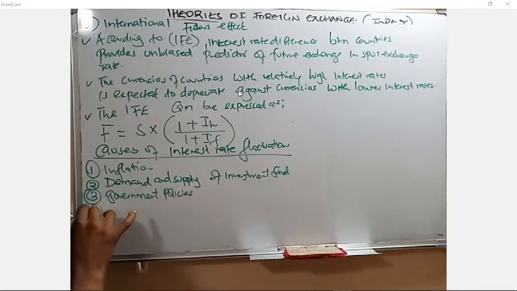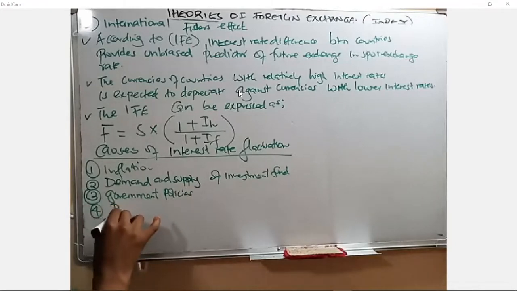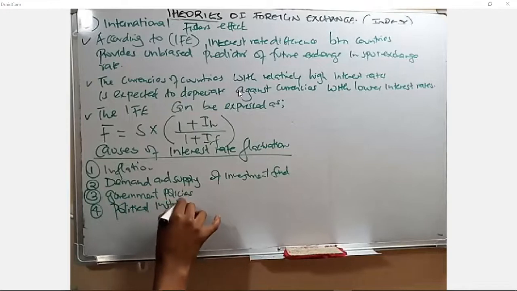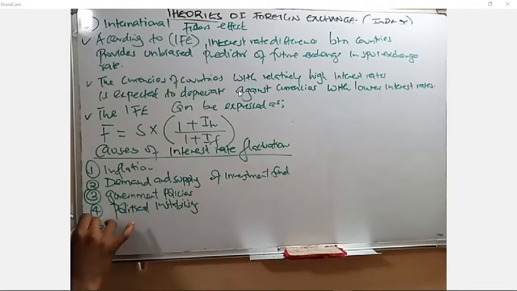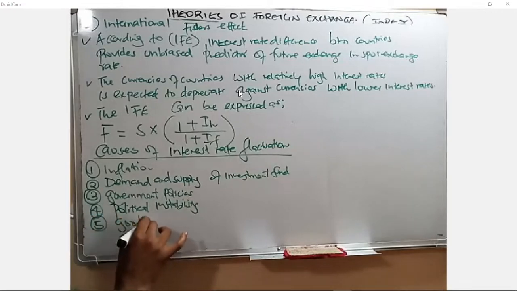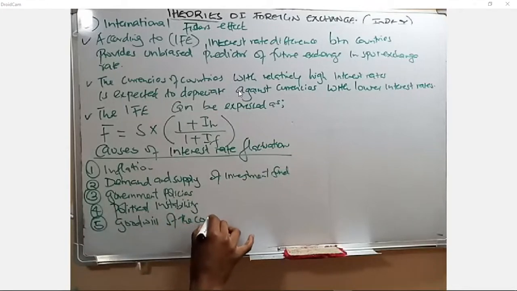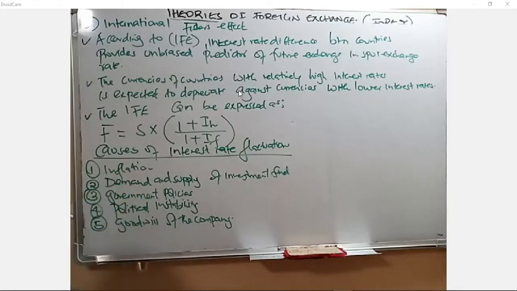Number four, you can talk about political instability, like what has been happening in Kenya since 2018. Then number five, we talk about the goodwill of the company. Those are the things you can write in an exam and explain in your own words and get equivalent to 10 marks.